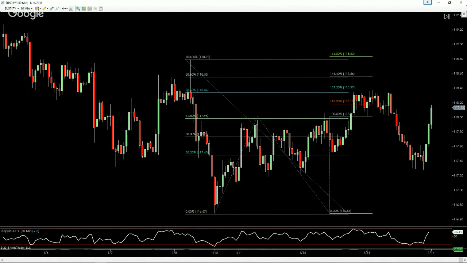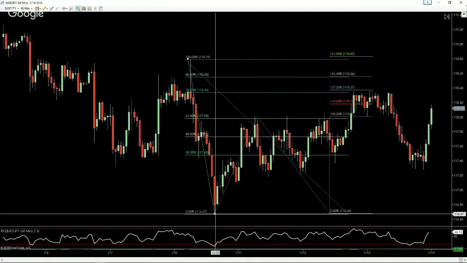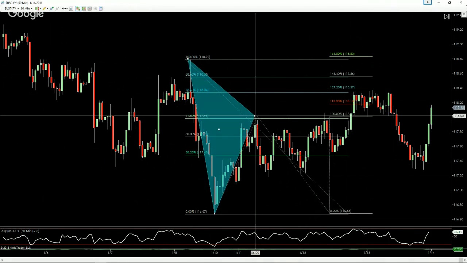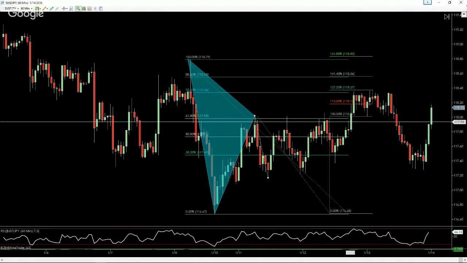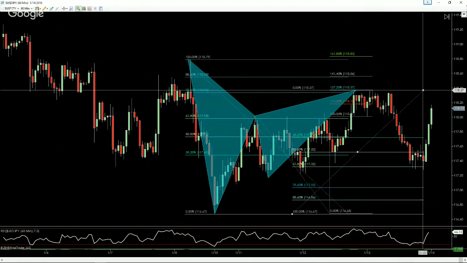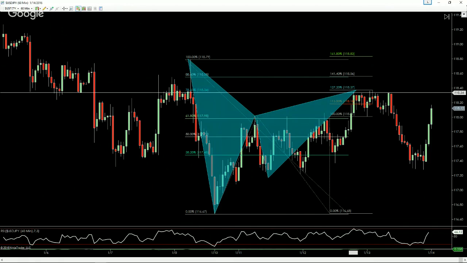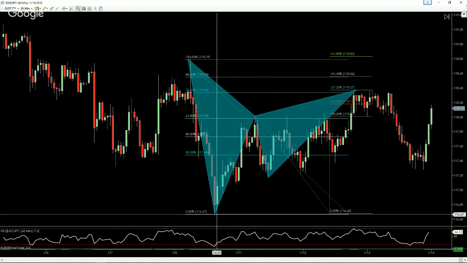This was that perfect Gartley that we were talking about yesterday. It did complete and came down to hit targets. Yes, it did.